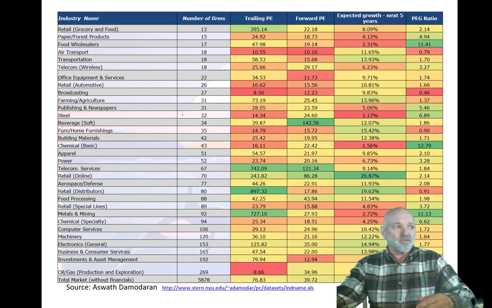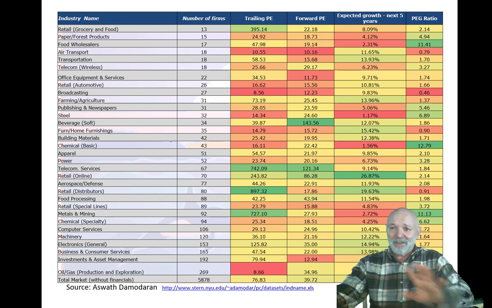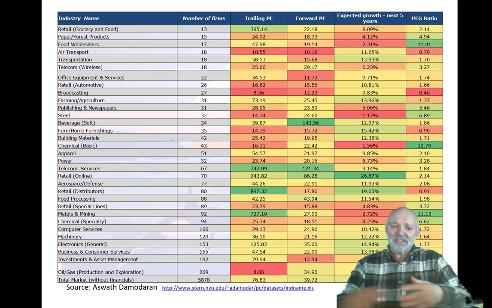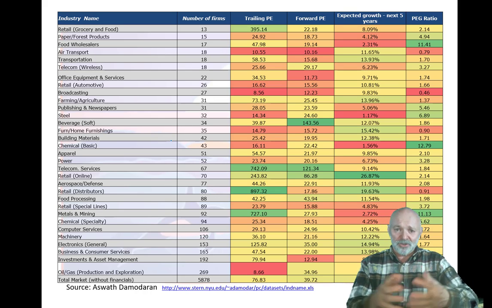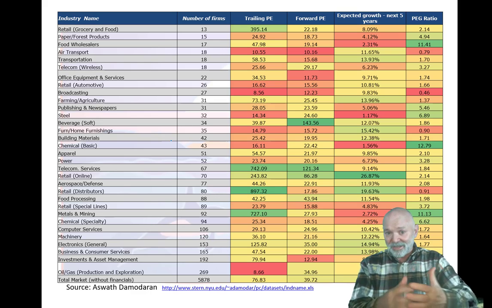Some of the industries that look a little bit more like a bargain include broadcasting, air transport, and retail. Mind you, this information is out of date. I wouldn't make any decisions based on it. But it does tell you that at the time this was produced, this is what you expect to see for certain industries. And with industries, you can compare to see who the highest and the lowest performers are.